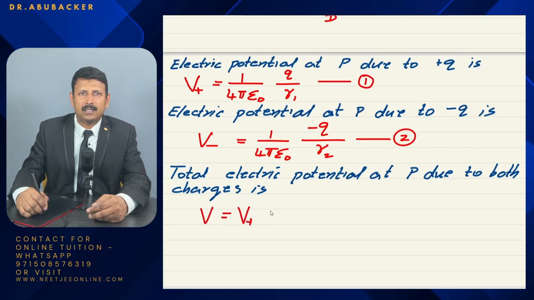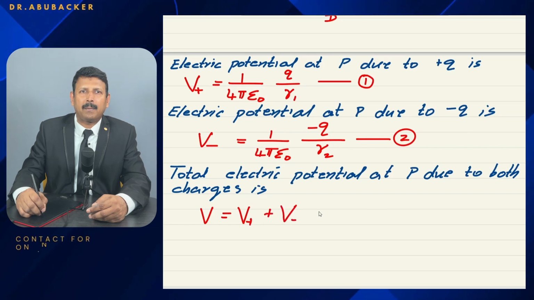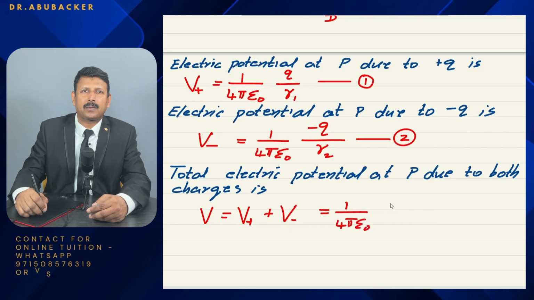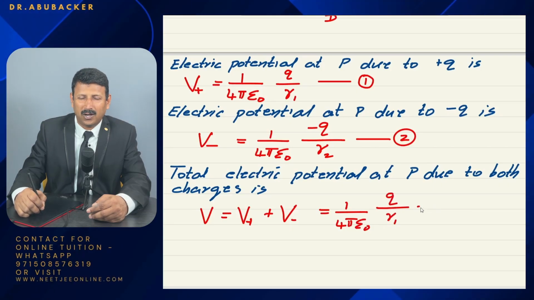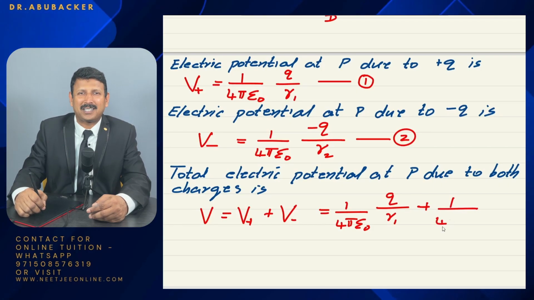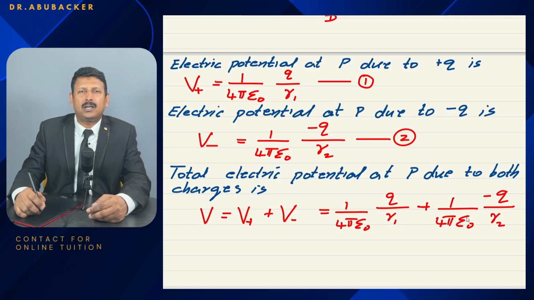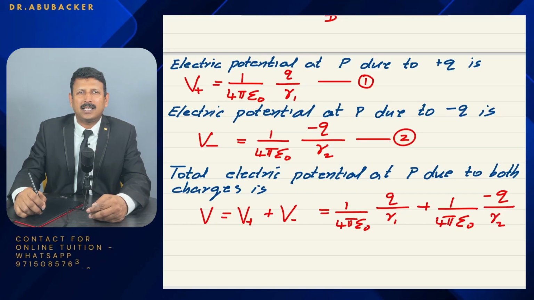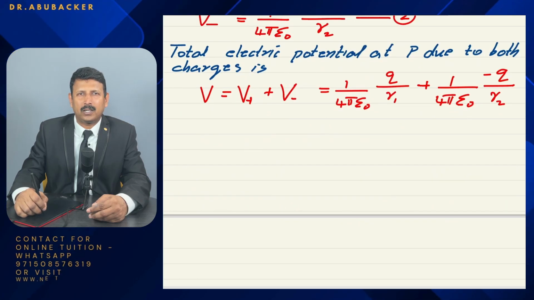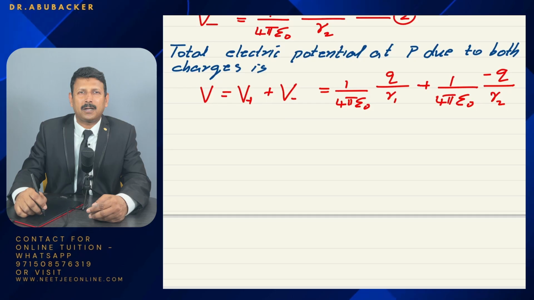So V plus added to V minus is equal to, substituting values now, 1 by 4 pi epsilon 0 times q divided by r1, plus 1 by 4 pi epsilon 0 times minus q divided by r2. Now anything you feel is common? I can see that 1 by 4 pi epsilon 0 is common, also q is common.